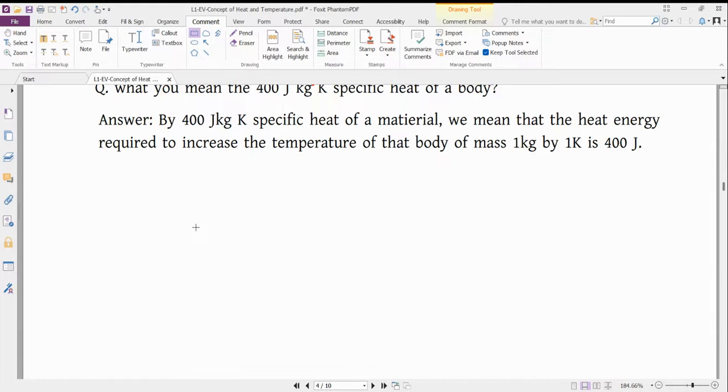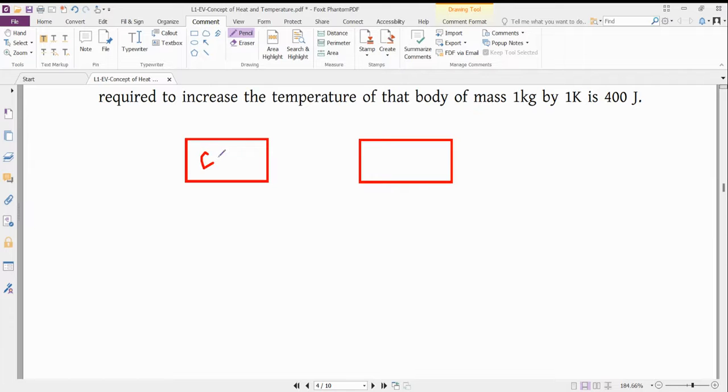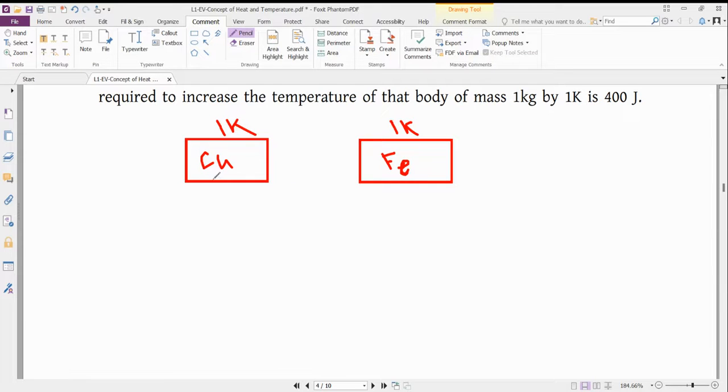Now let us see a simple question. For example, two bodies, one is copper and another is iron. So we will increase the temperature of both of these bodies by 1 Kelvin. Okay, the mass of the copper is 1 kg, the mass of the iron is 1 kg.